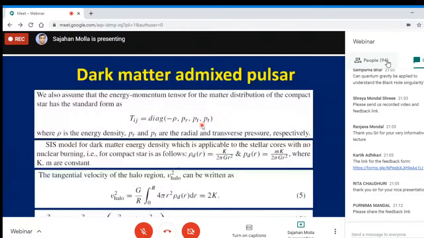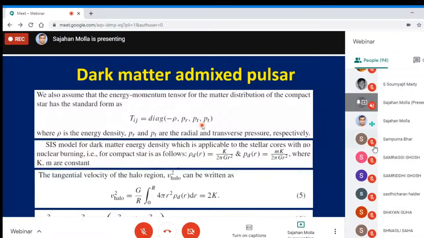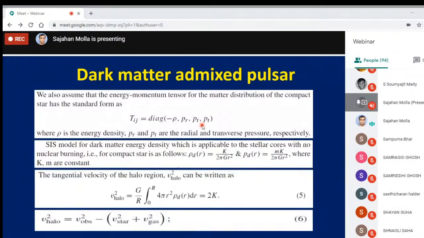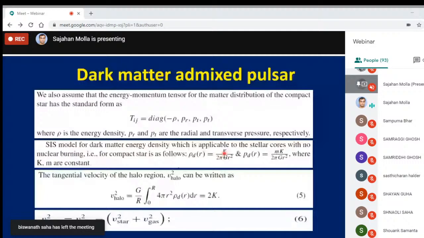And here we have introduced the SIS model in our pulsar model, where the SIS dark matter density profile is considered as K by 2 pi G r square, where K is the velocity dispersion. This dark matter density is related to the pressure like m into K by 2 pi G into r square, where m is a constant.